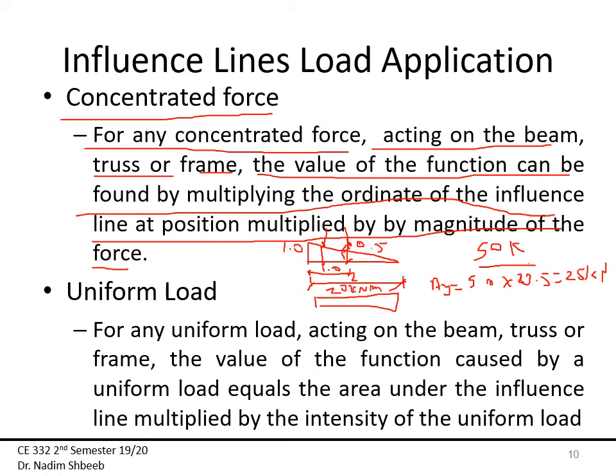Then the reaction AY would simply equal the area, 1/2 times 1 times 2, times 20. So that will give you the value of AY, which is going to be 20 kilonewton.